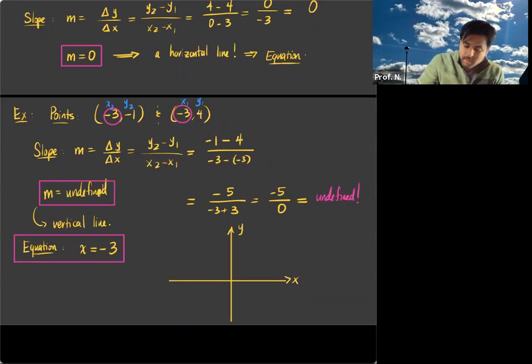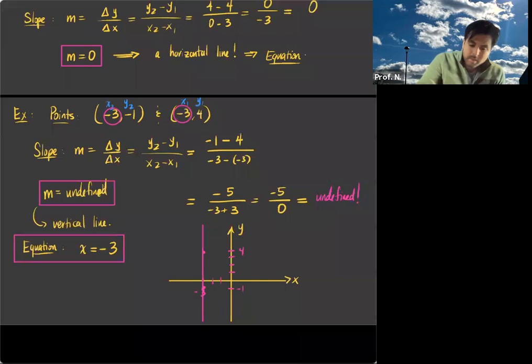It may seem like it doesn't help, but it does. The point (-3, -1), look where the point is. It's right here. And then I have (-3, 4), another point right here. If I were to draw a line connecting these 2 points, what would I get?